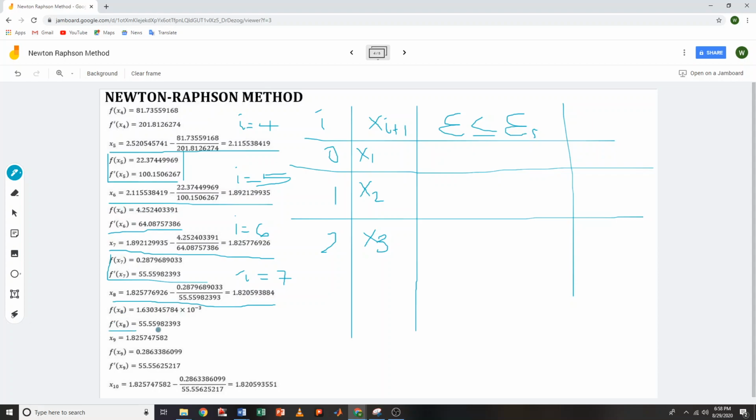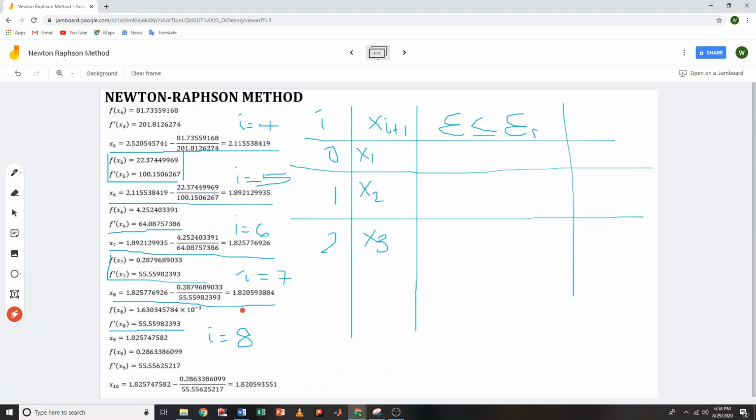Okay, evaluate f of x8. As you noted, our results of x7 and x8 are the same. So let's have another iteration, for example, at i equal to 8. Okay, this is x9. Now, as noted, x7, x8, x9 now have the same value.